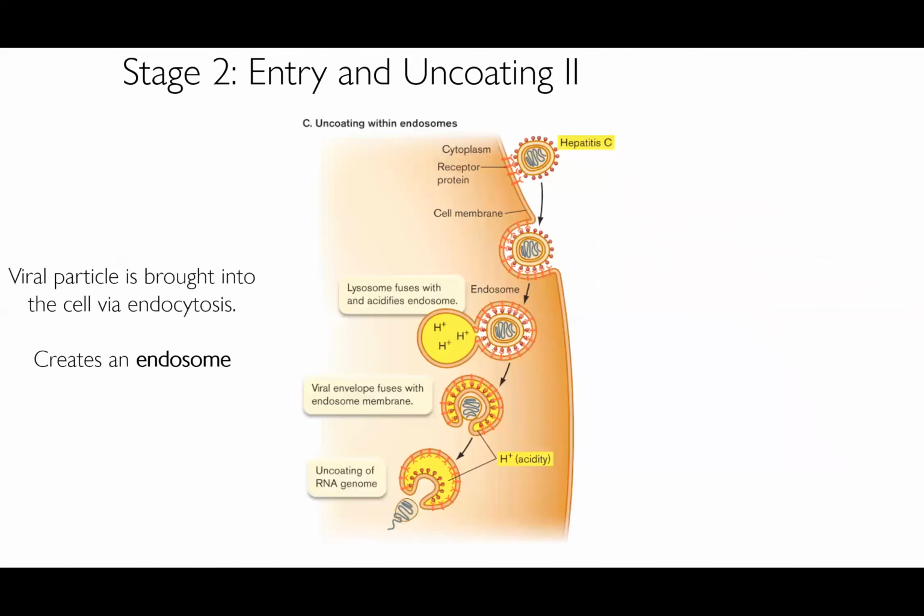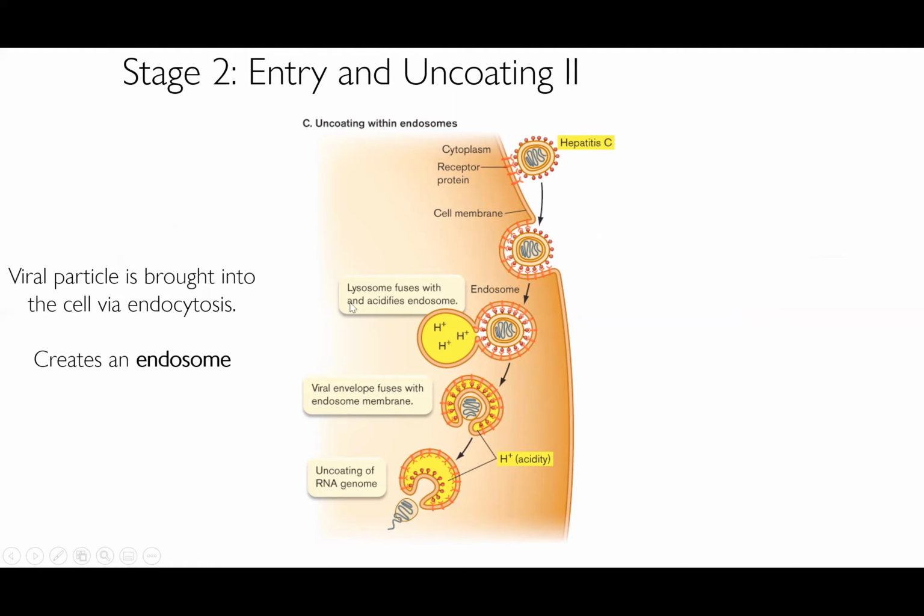For other viruses, the binding of the viral protein to the host receptor is stable enough to trigger the cell to initiate endocytosis of the virus. Endocytosis is a normal pathway used by mammalian cells to ingest nutrients, and the virus takes advantage of this pathway. With a virus like hepatitis C, it binds to the protein, and the cell engulfs it by endocytosis, creating an endosome around the virus.